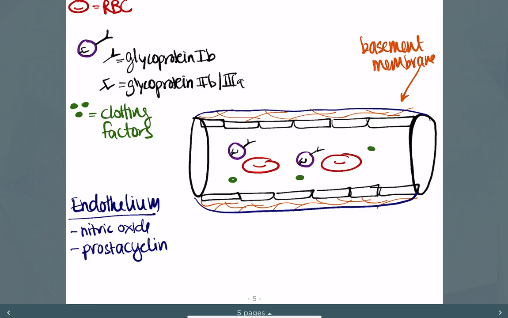The abbreviation for nitric oxide is NO, which I find handy because I picture the endothelial cells being like, nope, can't stick here, nope, nope. That's the endothelial cells' job: it protects the walls of the blood vessels and doesn't let anything adhere. Prostacyclin does it as well, but it doesn't abbreviate to NO, so I only include that in my picture.